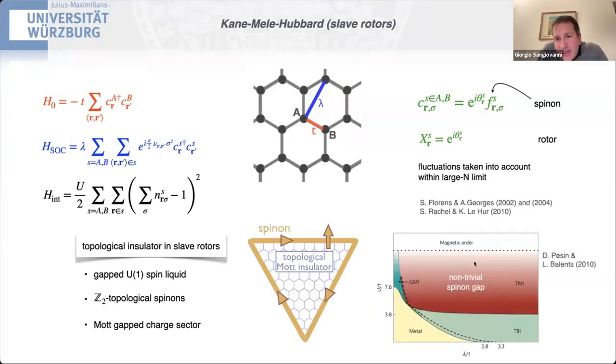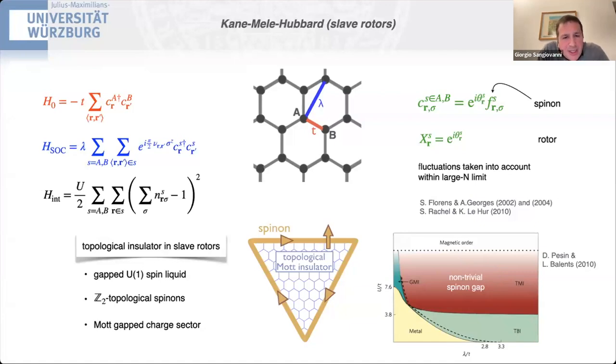This is also very close to what Pesin and Balents found in this 3-orbital model, in which the spinons have an inverted band structure in this topological Mott insulating phase that they find here before magnetic ordering sets in.